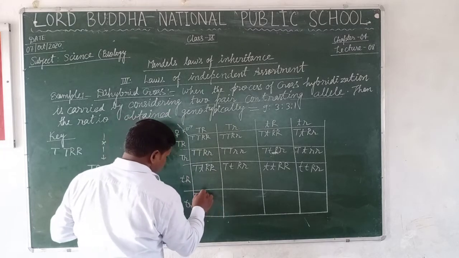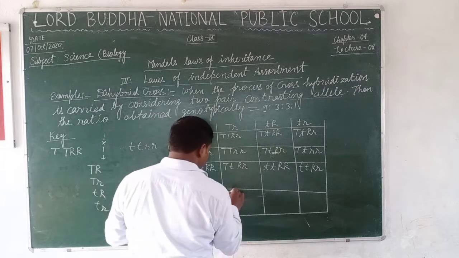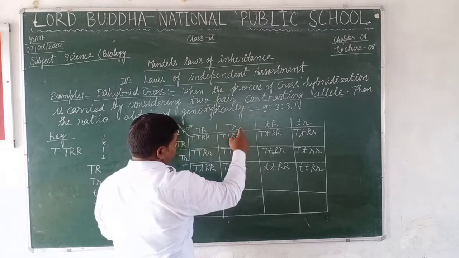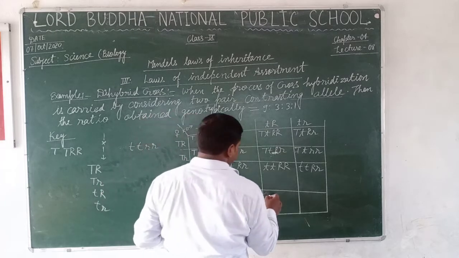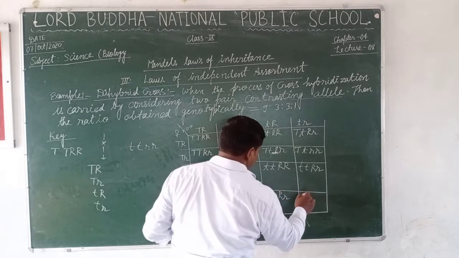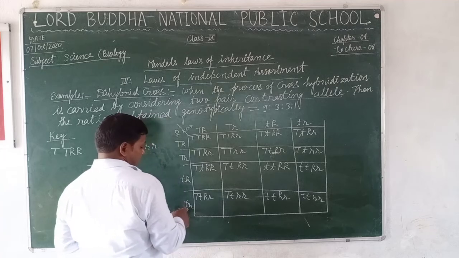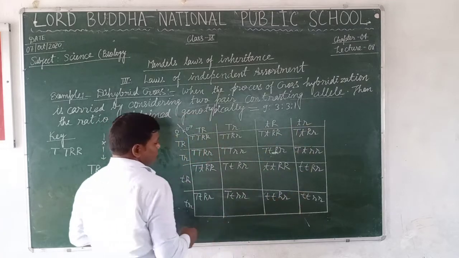Now here capital T small t capital R small r, capital T small t small r small r, small t capital R small r, small t small r small r. This is small t small t small r small r.